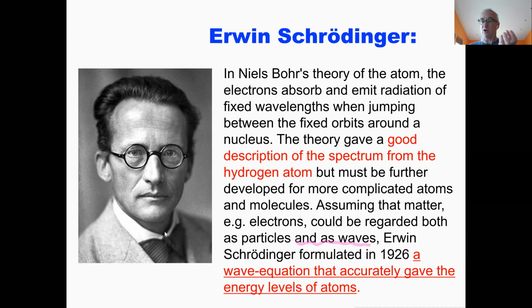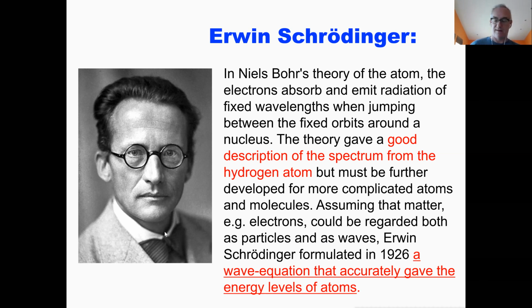Maybe they don't look like that. Maybe they have a more complex way of appearing. And so he came up with these wave equations that gave the energy levels of atoms that worked not only for hydrogen, but for every other element that's been looked at so far.